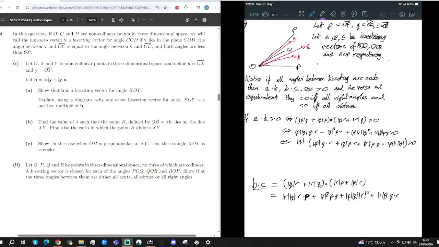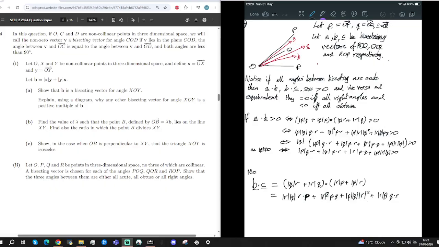Because O, P, Q, and R are non-collinear points, they're also distinct. So Q is not the point O, so mod Q is non-zero. And now this thing is incredibly symmetric, which is what I was hoping for in the first place. So this thing is greater than or equal to 0.